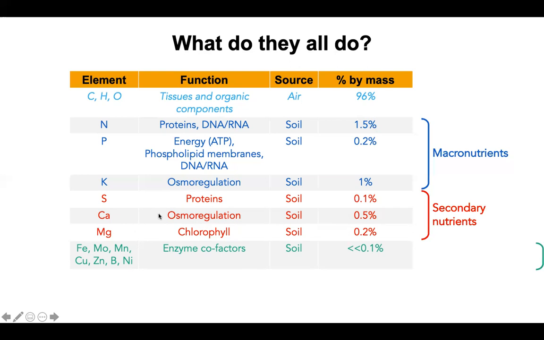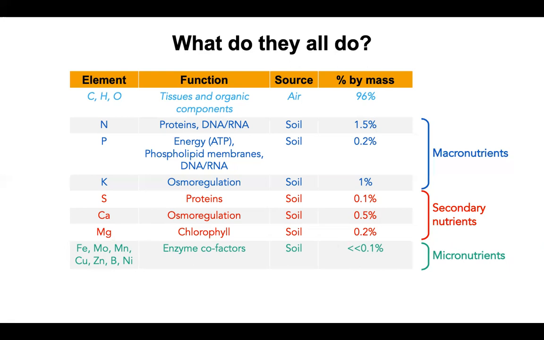Then we have our micronutrients, which are a lot of different metals. So we have iron, molybdenum, manganese, copper, zinc, boron, and nickel. Those micronutrients are needed in very, very small quantities, less than 0.1% by mass of a plant. And those micronutrients are enzyme cofactors.